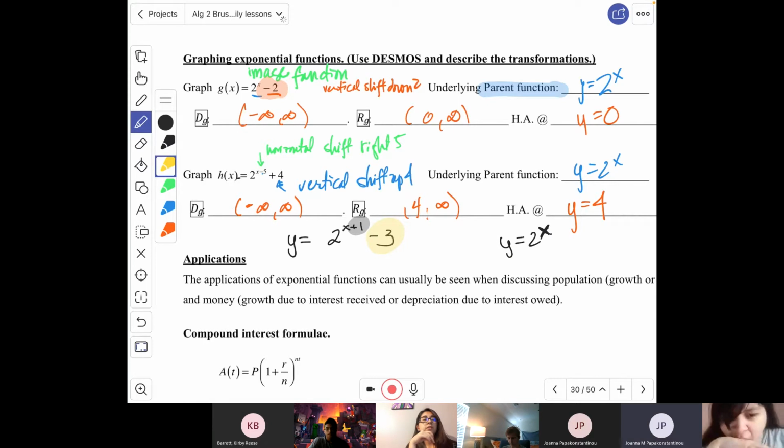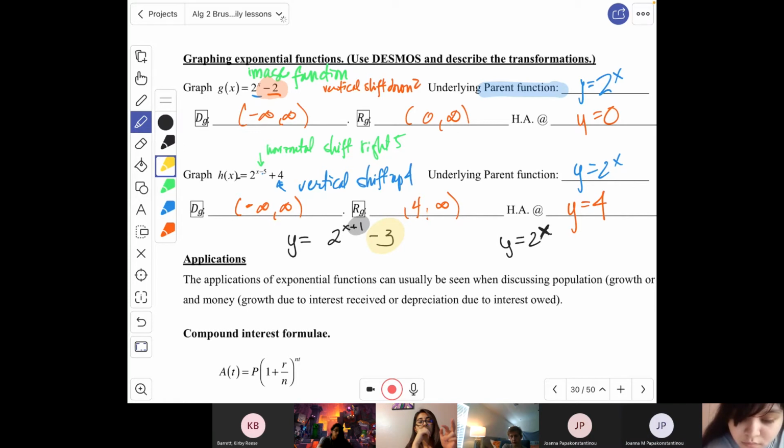It shifts to the left. It shifts to the left 1. That's beautiful. And what does that -3 do to the parent? Anybody? Nathan? What does that -3 do to the graph of the parent function? It goes 3 to the left.